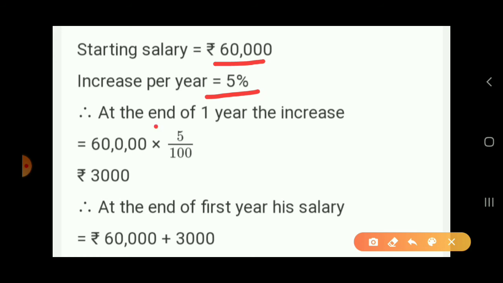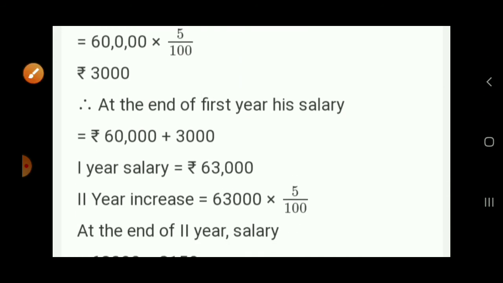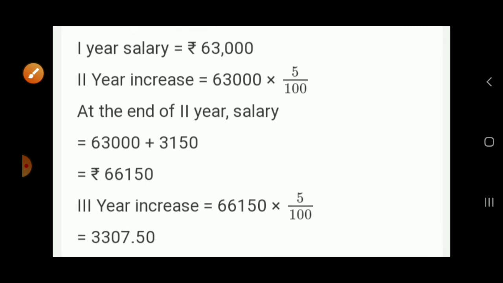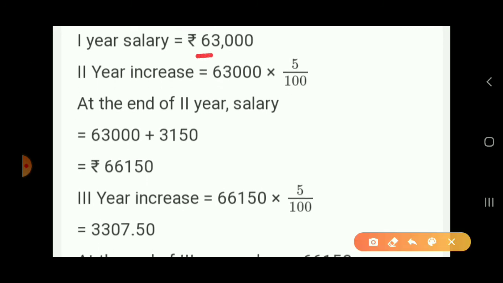At the end of the first year, 60,000 into 5 divided by 100. Cancel the 2 zeros, so remaining 3,000. So at the end of the first year, his salary is 60,000 plus 3,000, which is 63,000. For the second year increase, this first year end salary is used again with 5%.